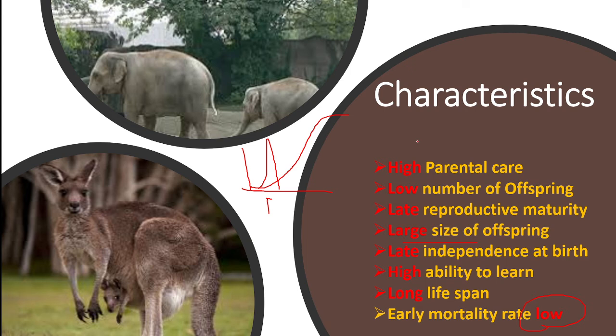Their gestation period is also very long and they give birth maybe only to one or two offspring at a time. And the offspring also take a very long time to grow, and during this period of growth they are constantly under the care and supervision of their parents.